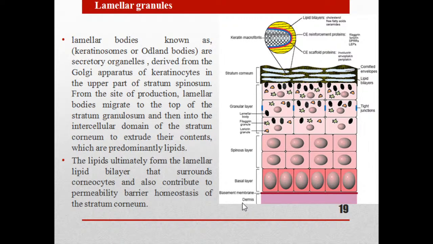From the site of production, lamellar bodies migrate to the top of the stratum granulosum and then into the intercellular domain of the stratum corneum to extrude their contents, which are predominantly lipids. The lipids ultimately form the lamellar lipid bilayer that surrounds keratinocytes and also contribute to permeability barrier homeostasis of the stratum corneum.